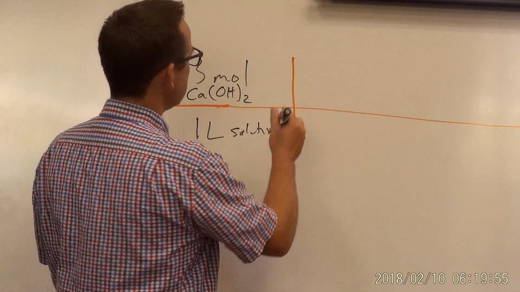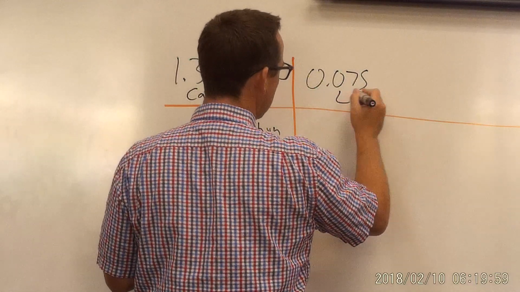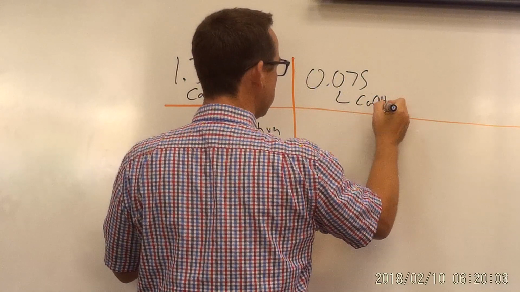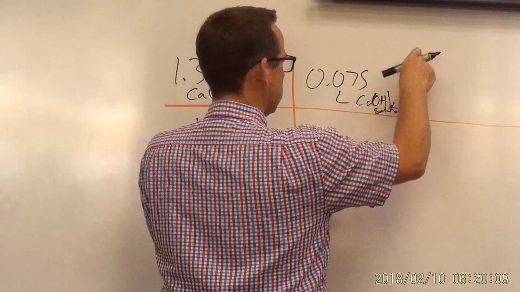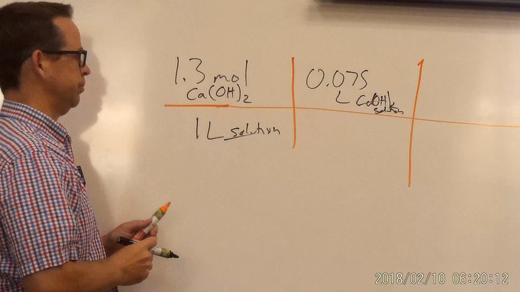All right, 0.075 liters of the, I'll write in here to make sure everybody can see where we got it, the calcium hydroxide solution. So now I got rid of liters of solution, right?